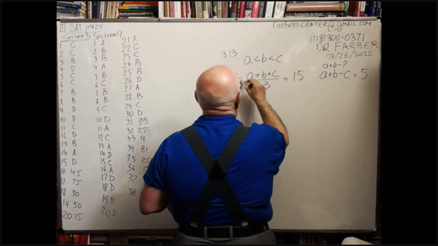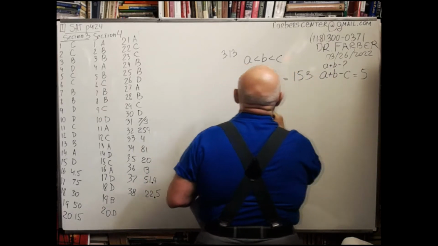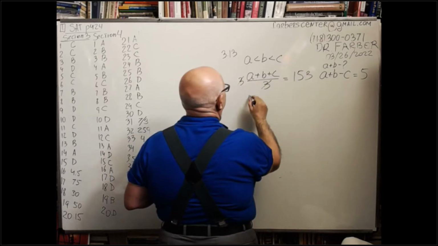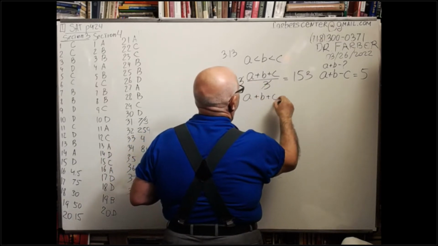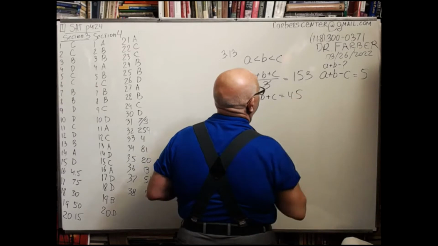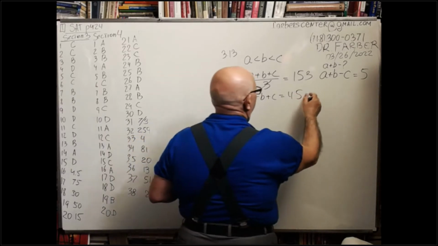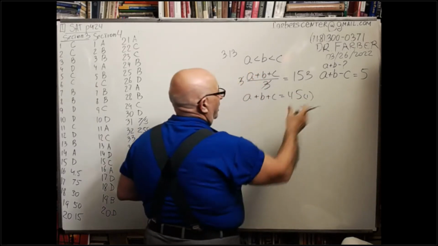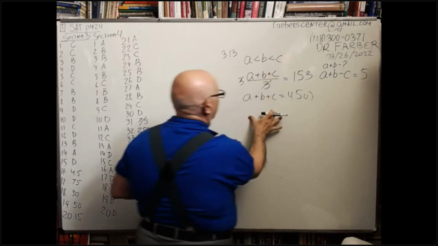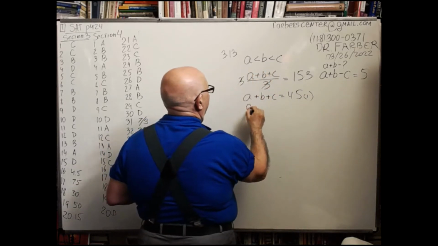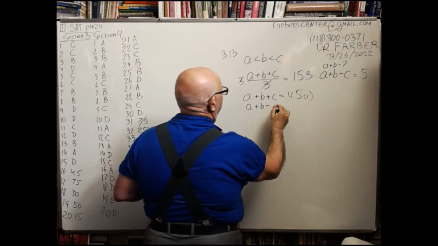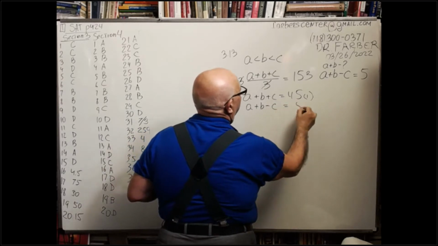Well, multiply both parts by 3 and cancel out. We have a plus b plus c equals 45. Equation number 1. And take this and line up the second equation: a plus b minus c equals 5.